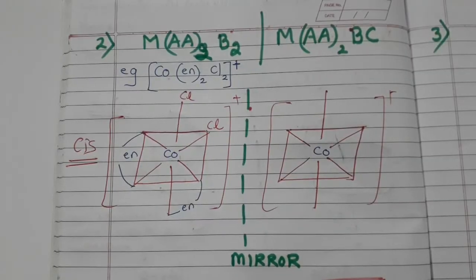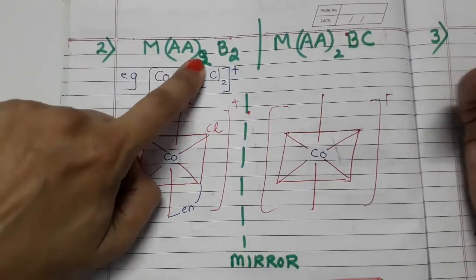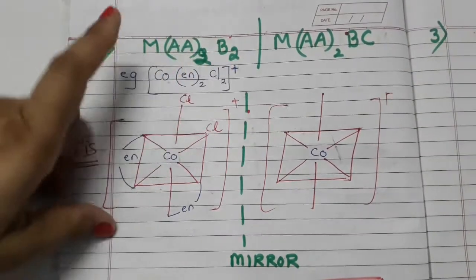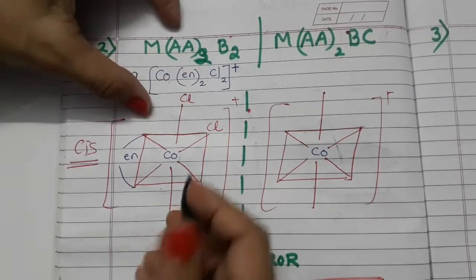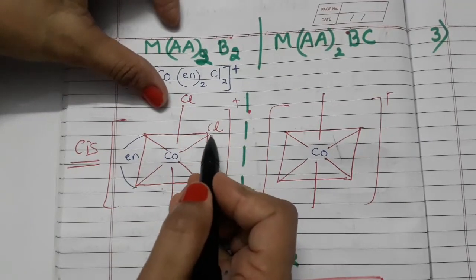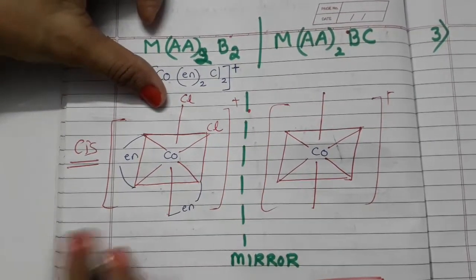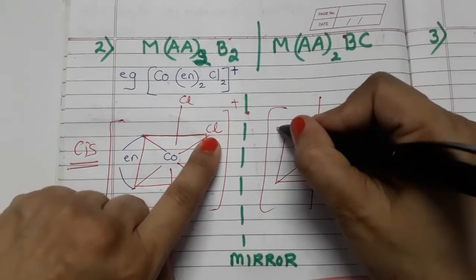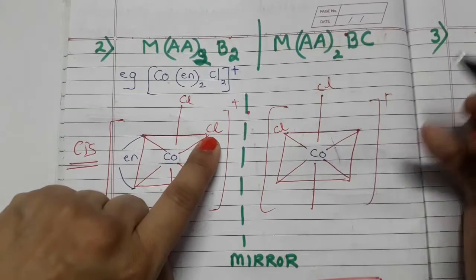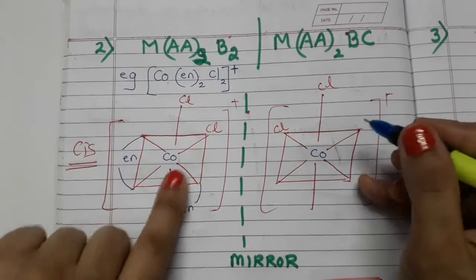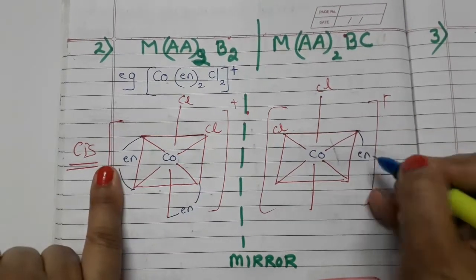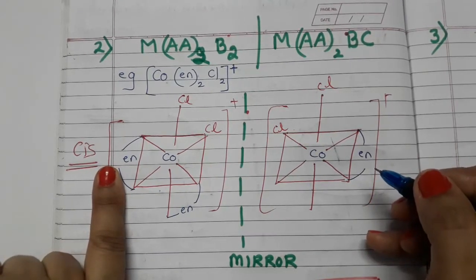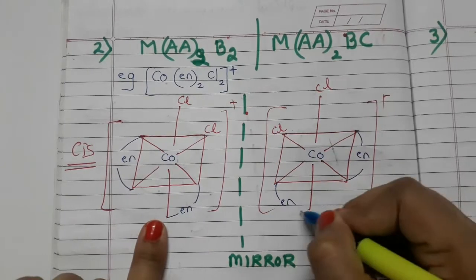Let us see the next combination which is possible. It is AA2B2, or I can write it with B and C, that is different ligands. If I draw this structure wherein I have written similar ligands on the adjacent positions, what type of mirror image will I get? I will get Cl over here, Cl here, and En will come over here.